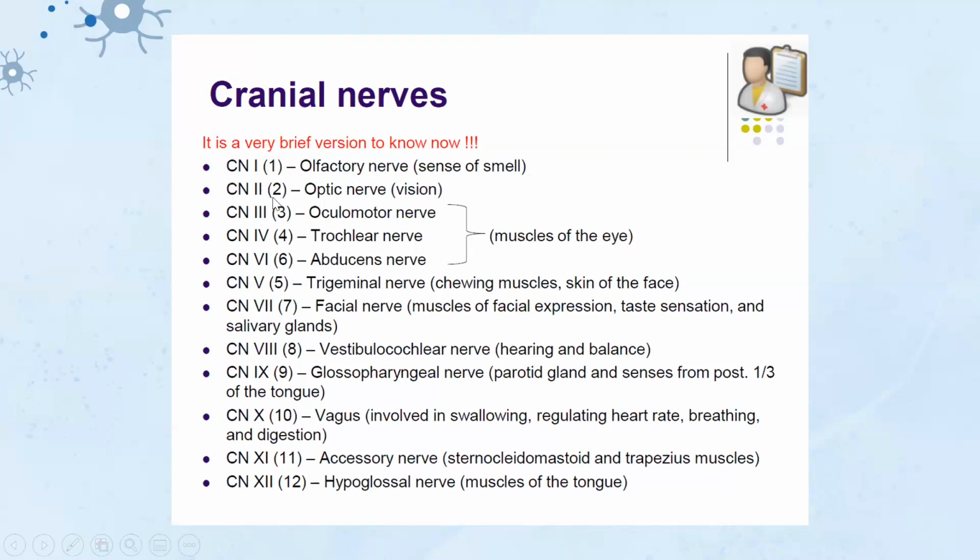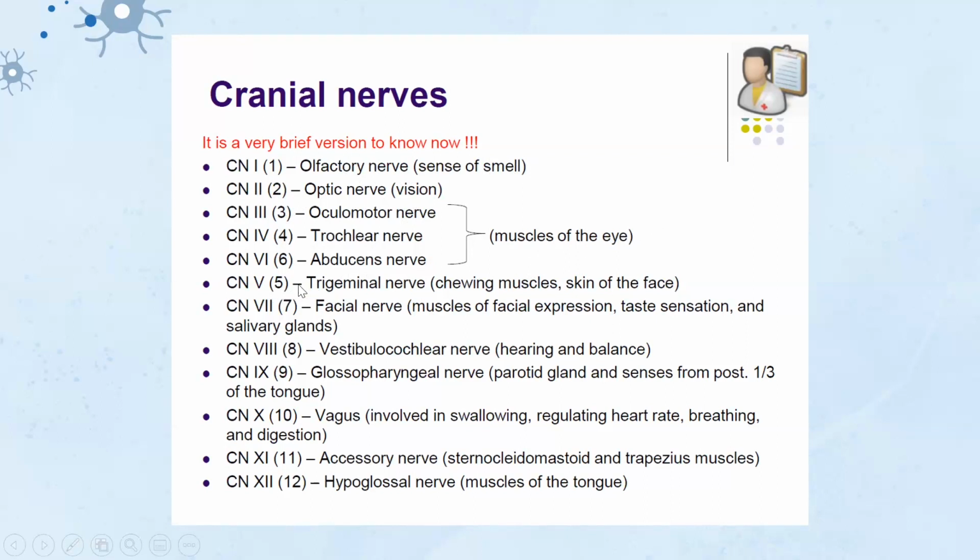Cranial nerve 2 is called the optic nerve, and it's responsible for vision. 3, 4, 6: oculomotor, trochlear, and abducens nerves. They control the muscles of the eye and move the eye.